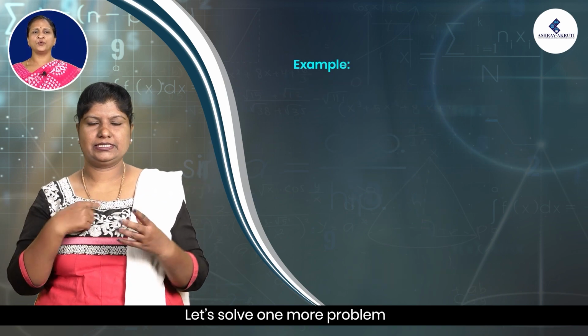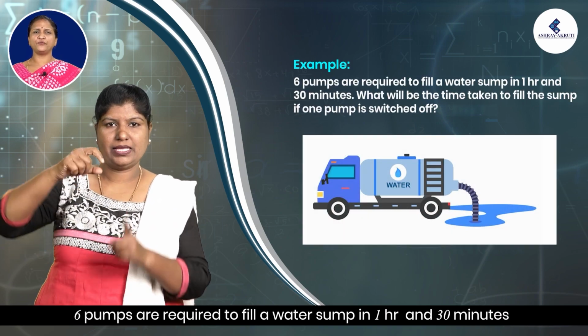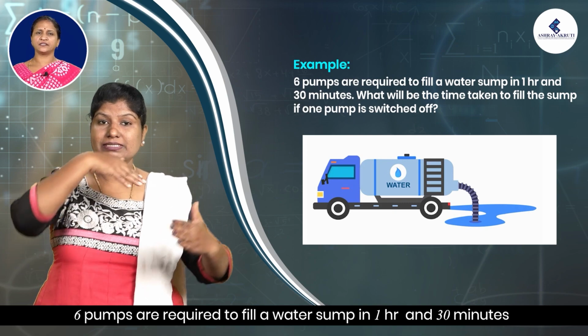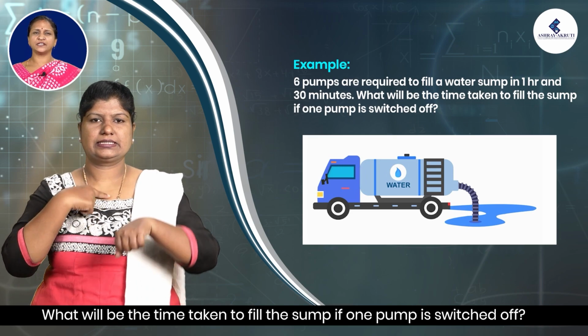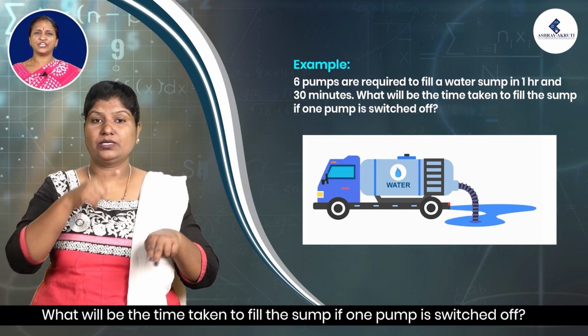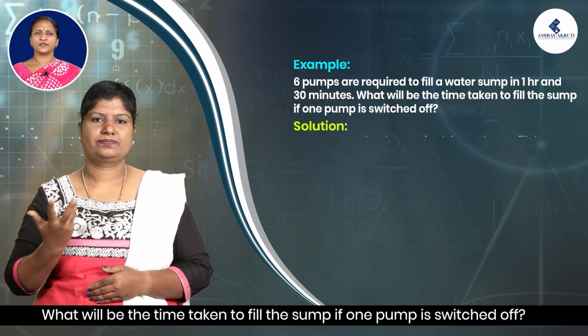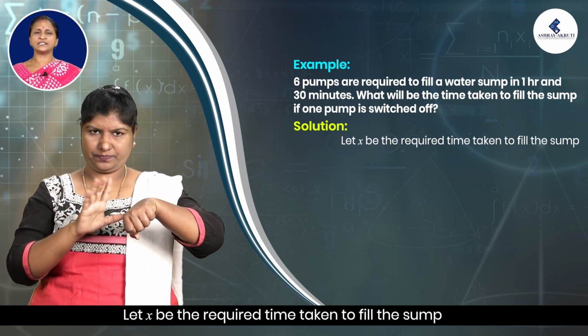Let's solve one more problem. 6 pumps are required to fill a water sump in 1 hour and 30 minutes. What will be the time taken to fill the sump if one pump is switched off? Let x be the required time taken to fill the sump.